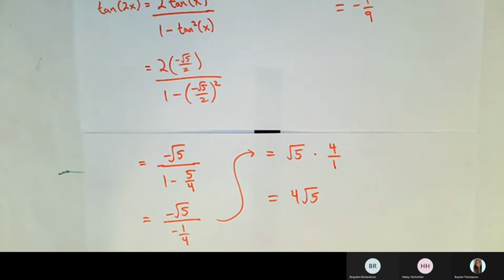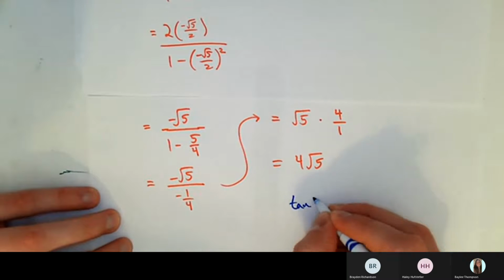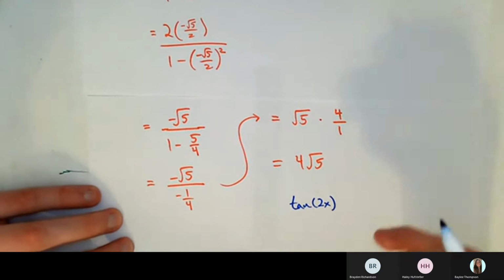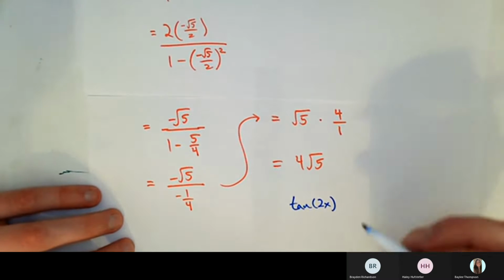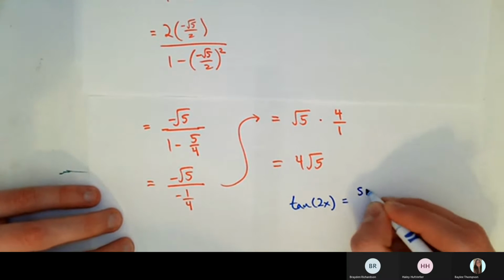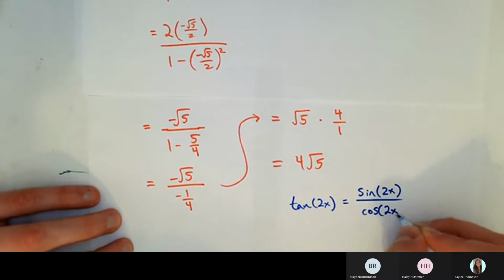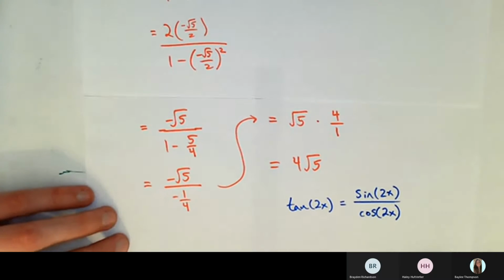Note also that tangent of x is equal to sine x over cosine x, right? So tangent of 2x is the same as sine 2x over cosine 2x. Does that check out here?